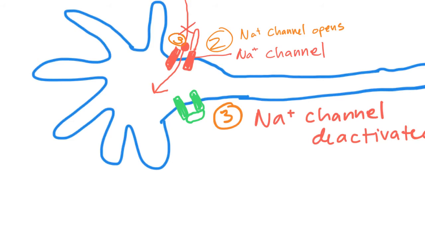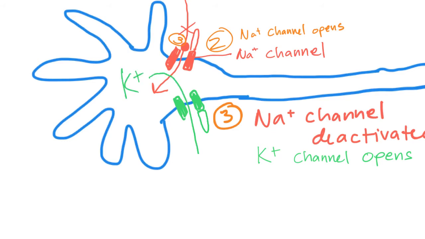In addition to that, our potassium channel opens. And now, because we have lots of potassium inside the cell, it can flow outside of the cell.